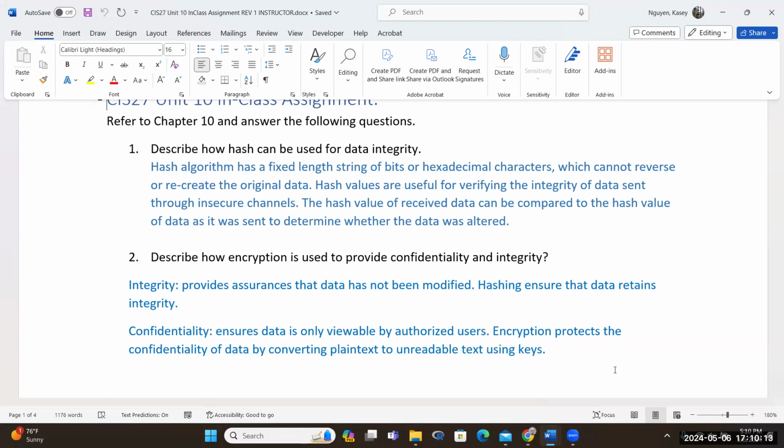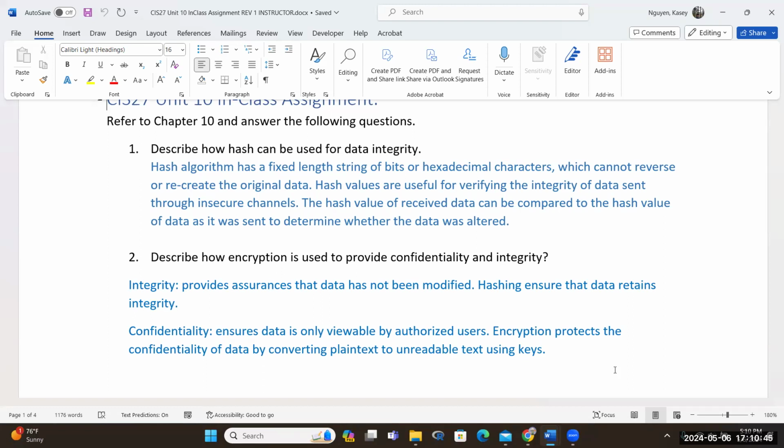So encryption really protects the confidentiality of data. In the case that it falls into the wrong hands, they will not be able to read or see the data because it is encrypted. It's not intended for unauthorized users, so those users would not be able to see the data because they don't have the key to decrypt, right? The reason why we lock the house is to prevent people we don't know from entering our house.